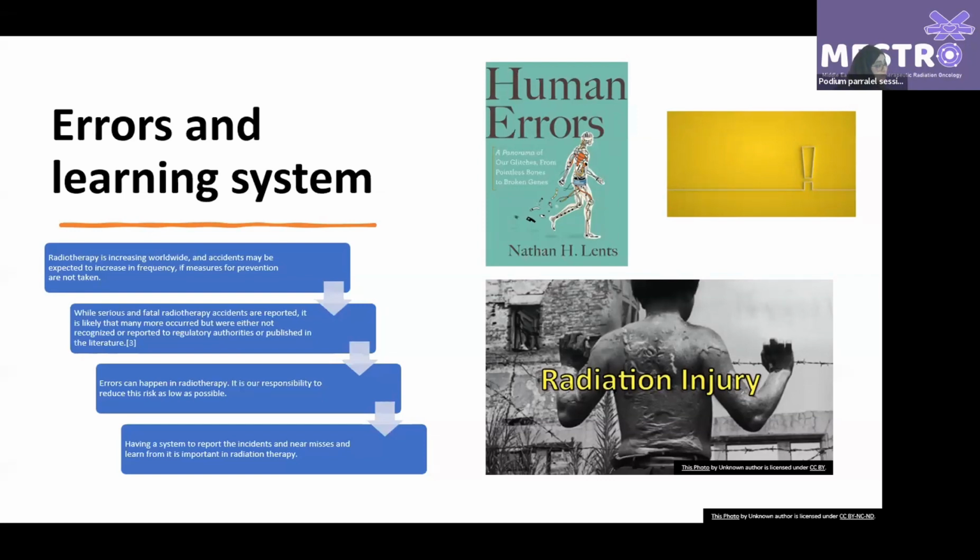They can be reported, but we don't know whether they are reported or not. So it is incidents, accidents, and near misses. It is our responsibility as radiotherapy caregivers to reduce those incidents as much as possible. So having a system to report all these incidents and near misses is really important to learn from each other.